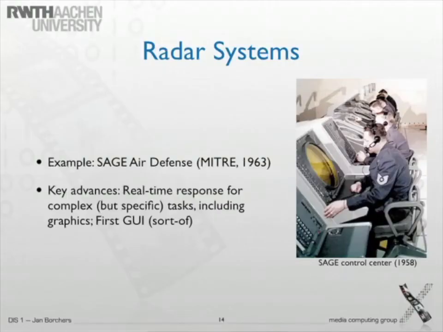When we try to move beyond the pure textual, linear communication between me and the computer, and move towards graphical interaction, the first systems that did this were very special purpose. For example, the radar system SAGE, that was used for air defense in the 60s in the US, offered you a graphical user interface.